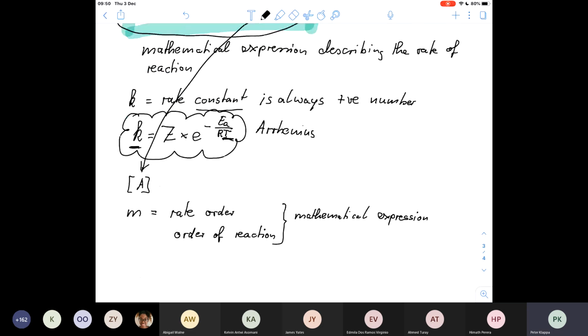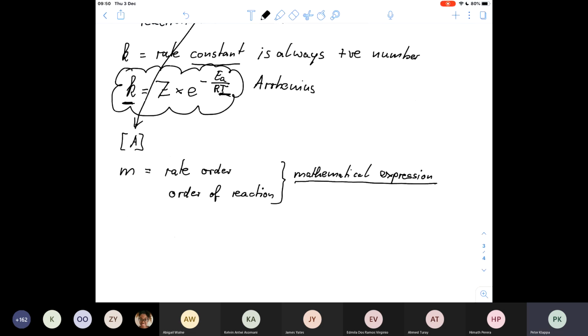As I said, it's really important. It's a mathematical expression. It doesn't tell you a lot of other things. It just makes this equation workable.